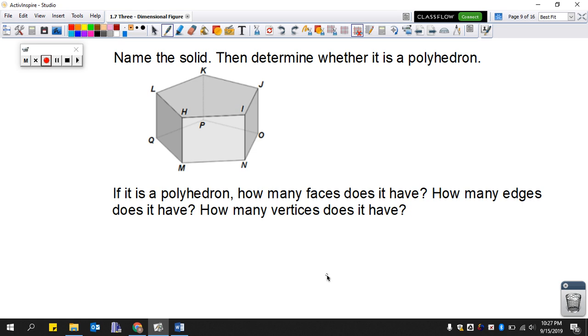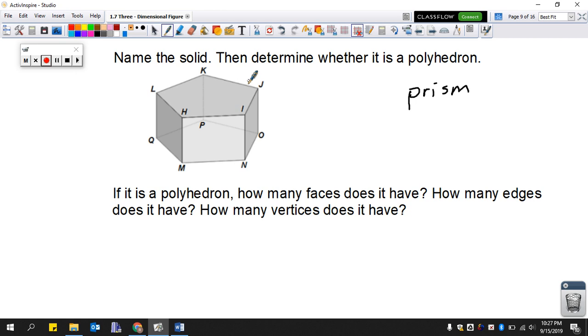Name this solid. Well, you can see that it is a prism because it has opposing sides, which are called faces. So it is a prism. And the sides are all straight.